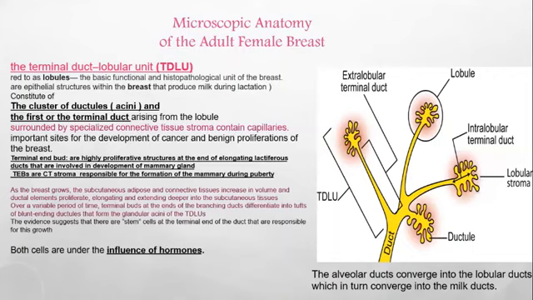Going more toward the microscopic structures of the breast, we talk about the lactiferous ducts. The lactiferous ducts get branched into segmental and subsegmental ducts, and these go into smaller ductules, representing the alveoli, and collectively the cluster of these forms what is called a lobule.